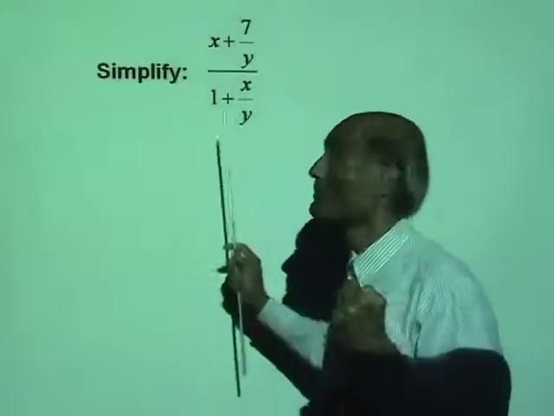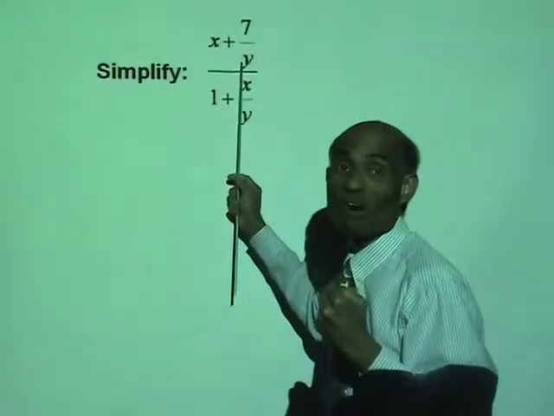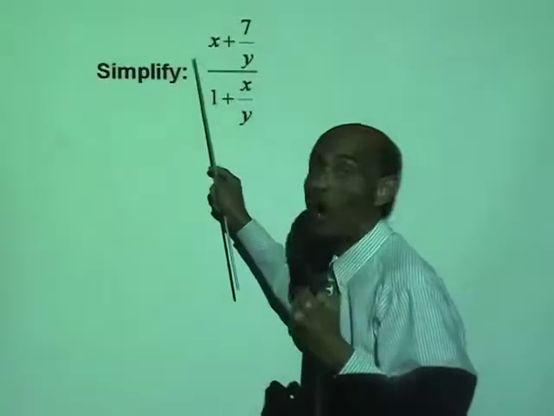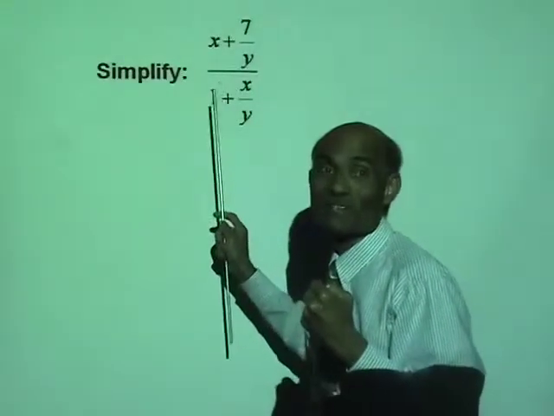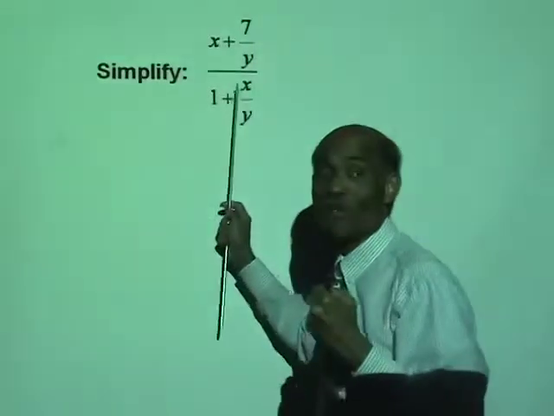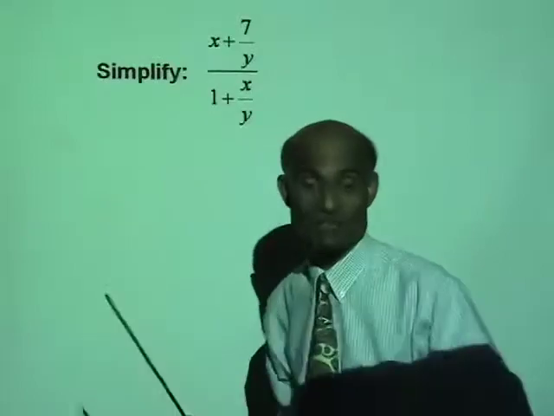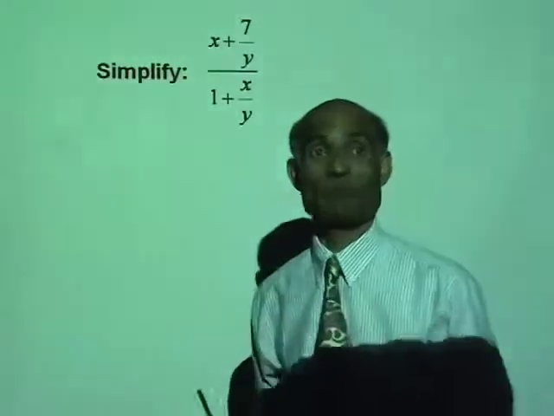What does that mean? We need to take this numerator and simplify it by using a common denominator. Similarly, we need to take this denominator and simplify it using a common denominator. Well, let's do that.